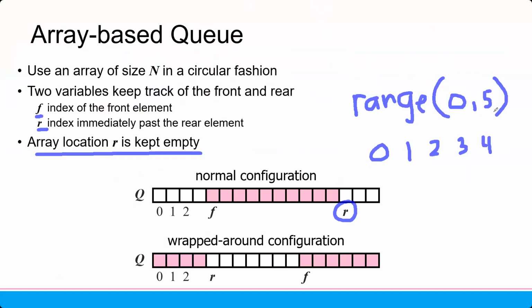It is always the last number minus 1. This is also the same. We have the last index R and we want to keep this as empty. So the index will always be until R minus 1. Okay.